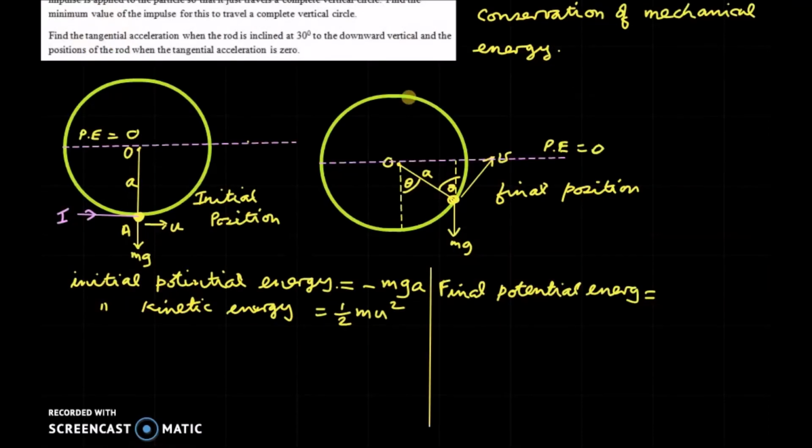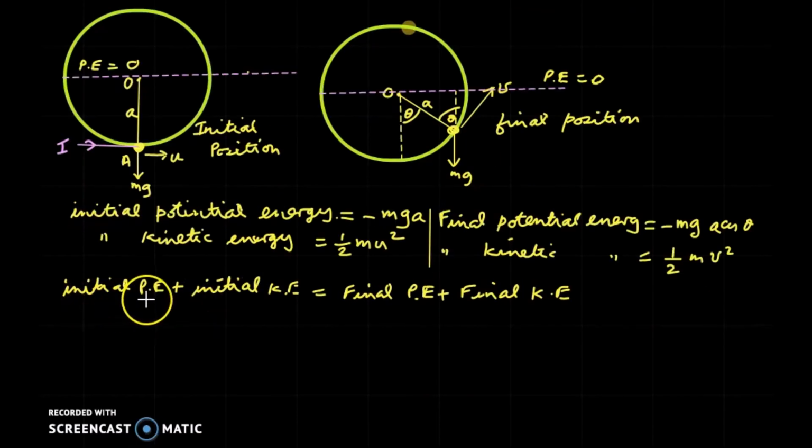Final potential energy equals minus mga cos theta. Minus mg into this side, which is a cos theta. What is the final kinetic energy? That equals half mv squared.